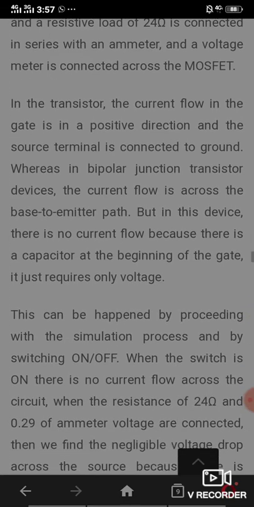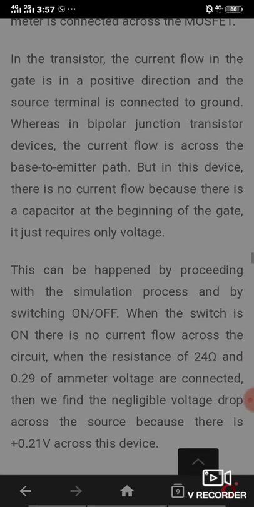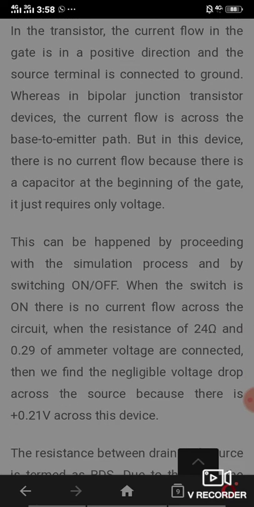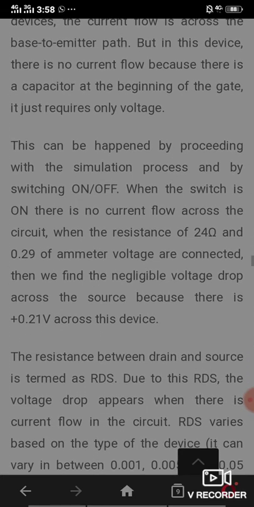This can be done by a simple process of switching. When the switch is on, there is no current flow across the circuit. With the resistance of 24 ohm, we find a negligible voltage drop across the source.